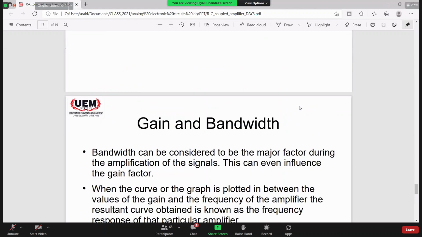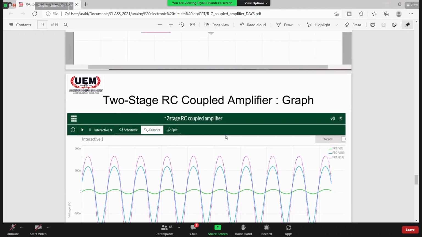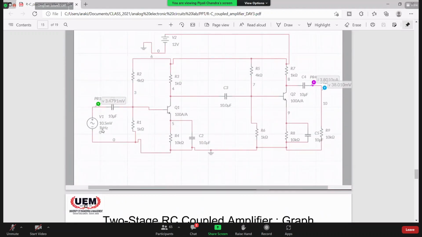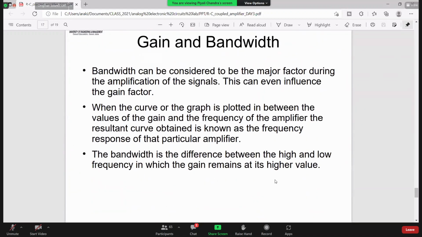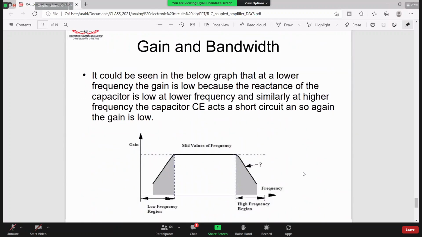So if you see here, this is a time and voltage graph, right? And from that we can identify the frequency. So the difference between the high and low frequency is the bandwidth, in which the gain remains at the higher value. So you all know gain is V out by V in. Bandwidth is the difference between the high and low frequency.